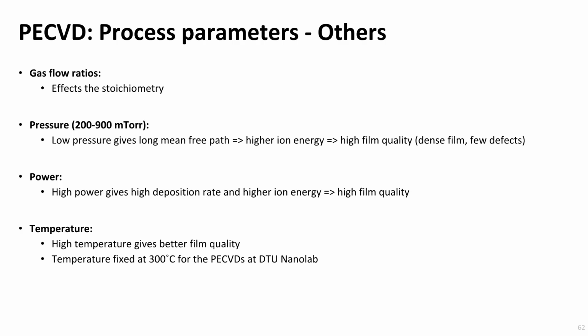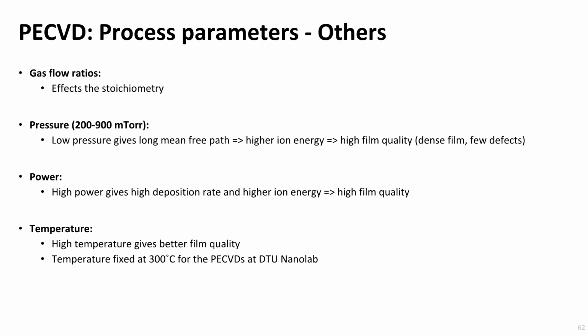That leads to higher ion bombardment energy, which will improve the film quality by forming denser films. It also results in lower compressive stress in silicon oxide films. However, a too low pressure will turn the deposition into a PVD-like deposition with more defects.